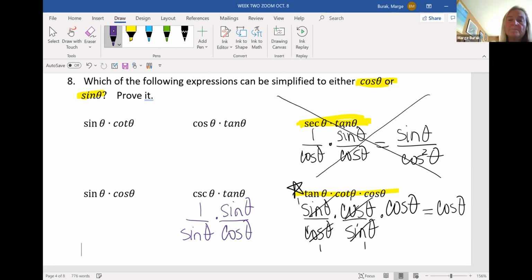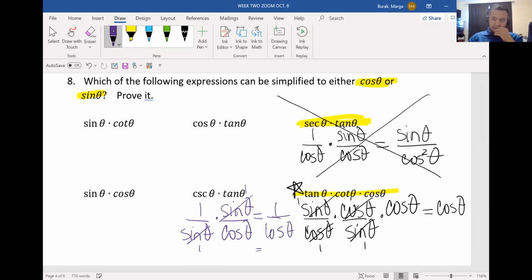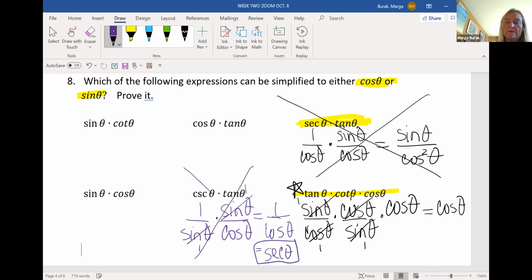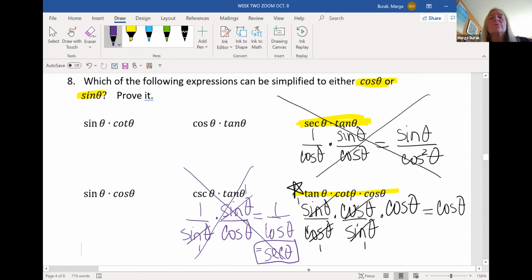So basically I just cancel the sine theta and I got 1 over cosine theta, which according to my formulas here, I think is secant theta. It is, and that is not sine or cosine. Nice job, Joel.